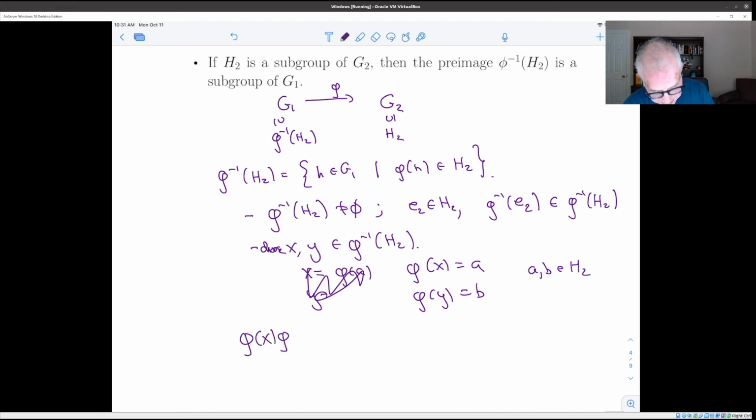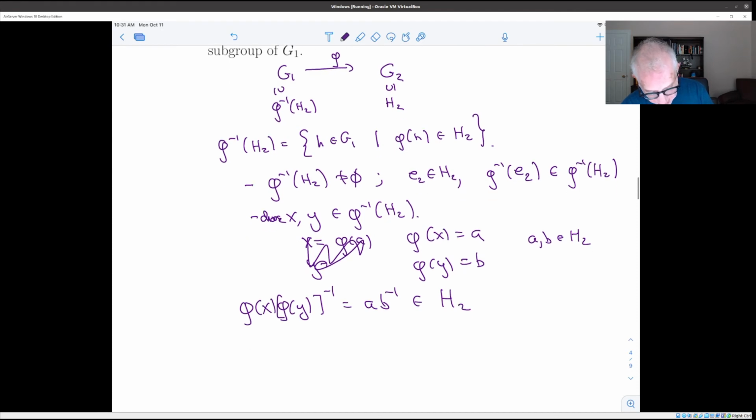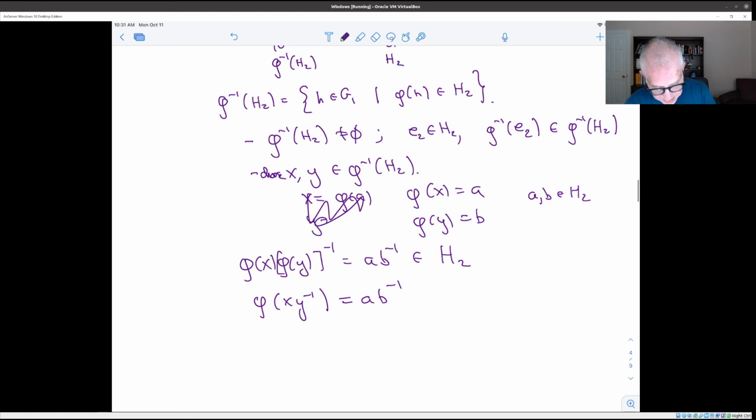We do phi of X, phi of Y inverse. That's AB inverse, which is in H2. And therefore, using the same ability to move the inverse into the Y and then combine using the homomorphism property, we get phi of XY inverse equals AB inverse. And that tells us that XY inverse is in phi inverse of H2, because phi of it is AB inverse, which is in H2.